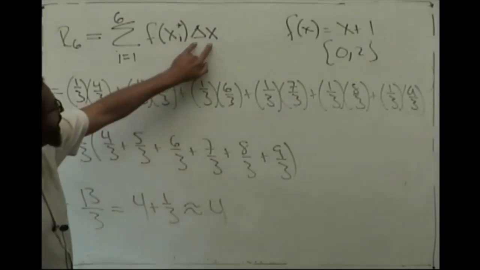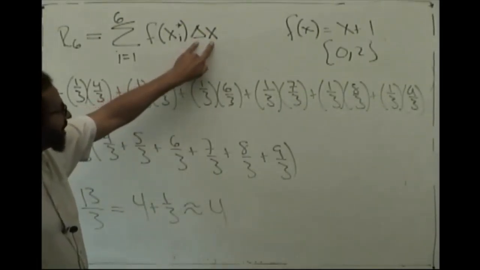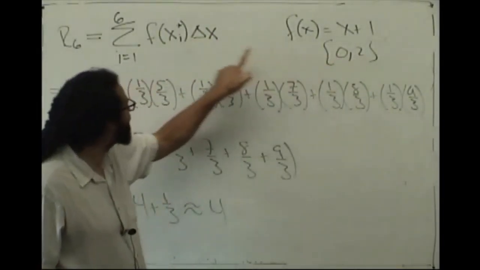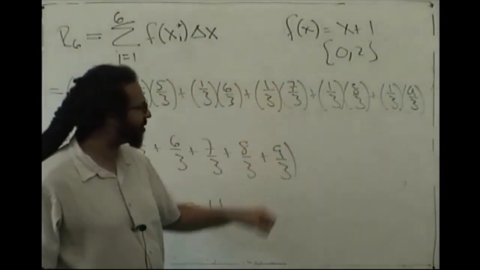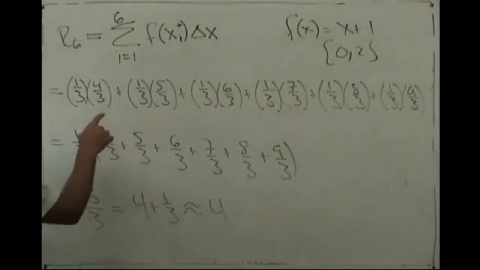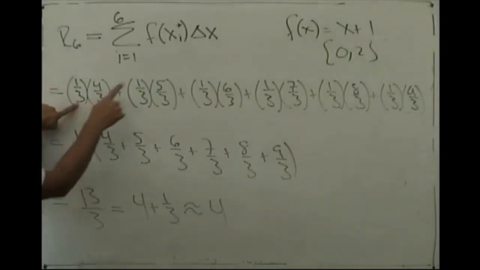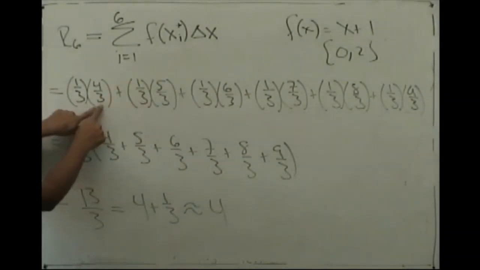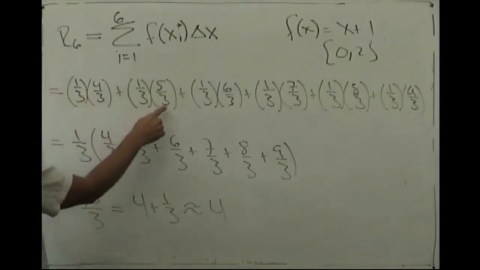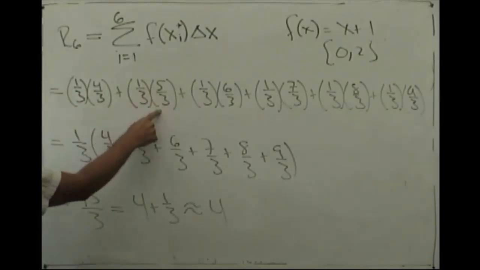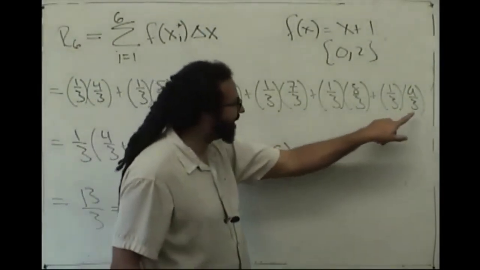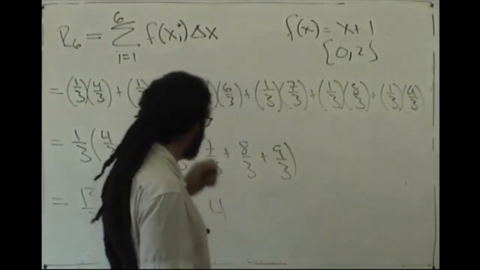And remember, the width of each one of these things was 1/3, right? We took 2 minus 0 divided by 6. That gave us 1/3. So we've got the width, and then the height of the first rectangle was 4/3. The height of the second rectangle was 5/3. And so on. The height of the last rectangle was 9/3.